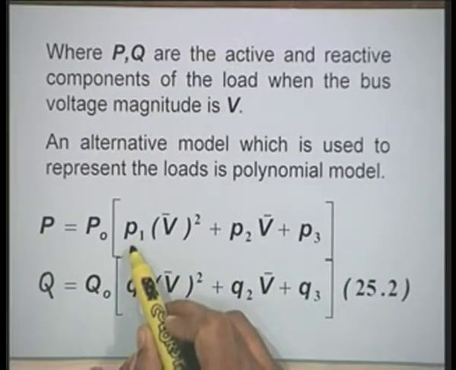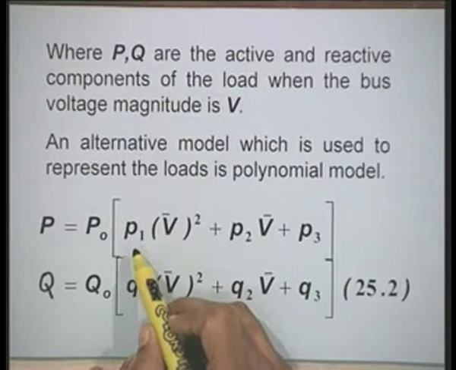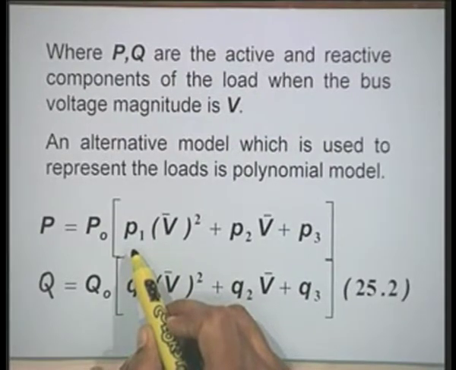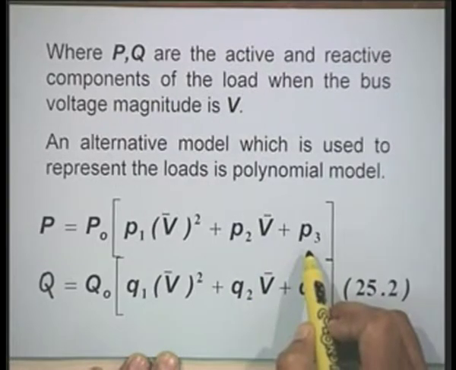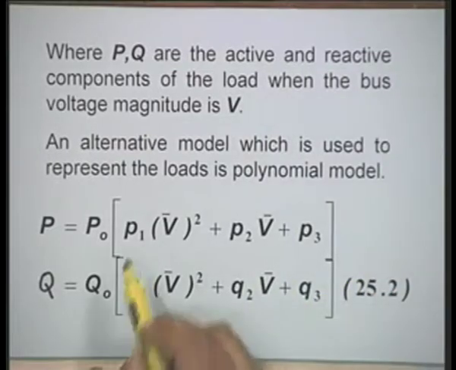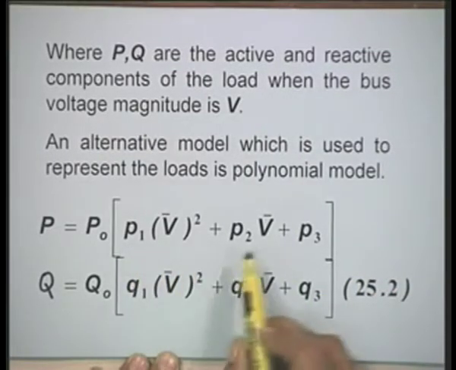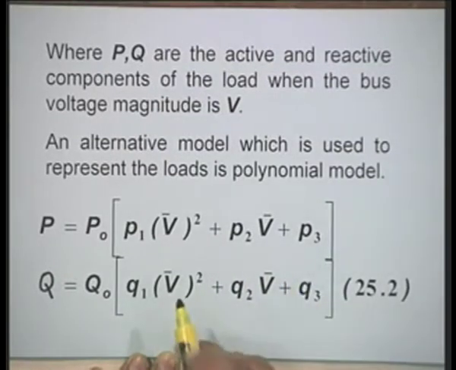Now, this P1, P2 and P3 are the fractions of the load which represent the constant impedance, constant current and constant power fractions. Okay. Suppose I take P1 equal to 0.5, P2 equal to say 0.3 and P3 equal to 0.2. That means 20% load is a constant power load, 30% load is a constant current load and 50% load is a constant impedance load.